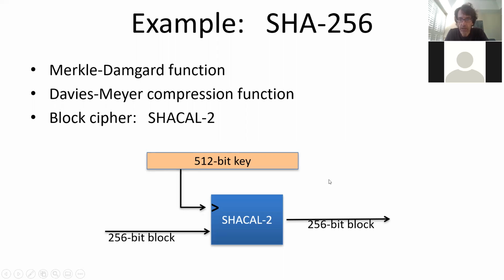Because in SHA-256, I want to hash eventually onto 256 bits. So the chaining variable is 256, so the blocks of this block cipher are 256. The key is how big a message chunk I can consume. The bigger this chunk, the better.